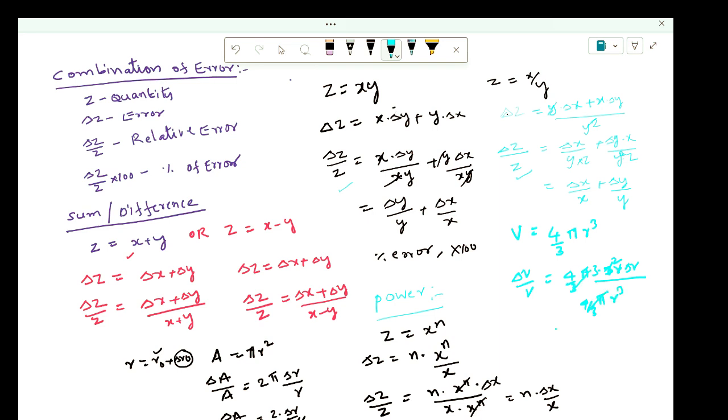The 4 by 3 pi cancels, r square by r cube cancels, giving 3 into dr by r. So this is dV by V. Some problems I'll give afterwards. I hope you understand errors in addition, subtraction, multiplication, division, and the examples.